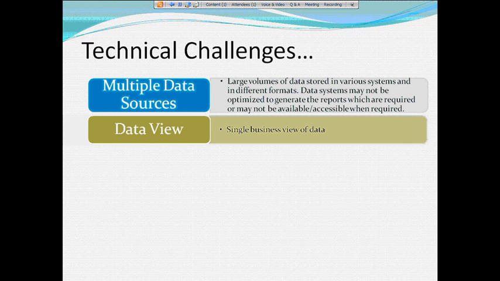The second biggest challenge is the data view. As I just mentioned about the different solutions in the previous point, the different applications have their own backend databases, and when we run reports on all those different data stores, the numbers come out different. And when the business decision makers look at those reports, they get nothing other than confusion.